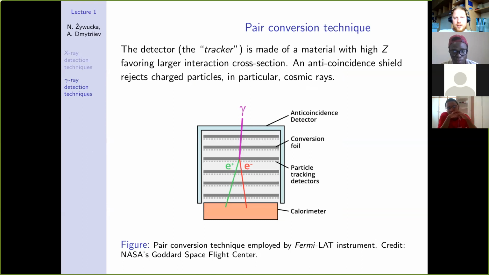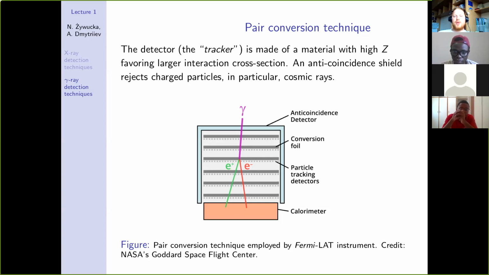It is composed of a tracker. The main part of the instrument is the tracker. It's made of layers of material with high Z to favor the larger cross-section of interaction, so that more gamma rays will be producing pairs in the material. We have this sort of sandwich called the tracker and anti-coincidence detector, which ensures it rejects the cosmic ray background.